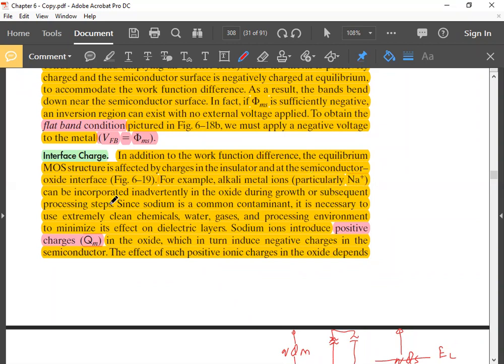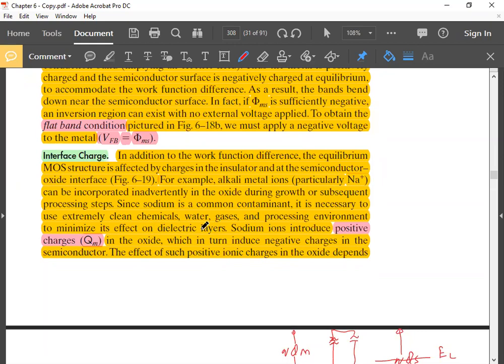I told you the oxide is grown. So in the reaction chamber, probably one catalyst contains sodium, or from the body of the reaction chamber, sodium ions may come. Since sodium is a common contaminant, it is necessary to use extremely clean chemicals, water, gases, and processing environment to minimize its effects on the dielectric layer.